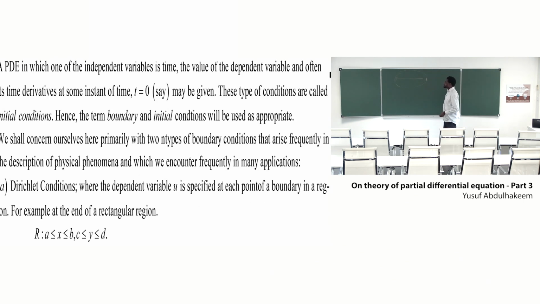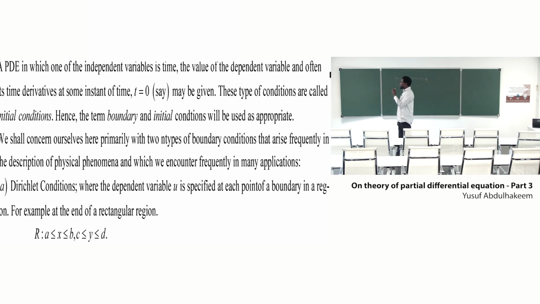Then, for a PDE in which one of the independent variables is time, the value of the dependent variable, and often its time derivative, at some instance of time, say t equal to 0, may be given. That is, if one of the variables of the PDE we are considering is time, that means the PDE depends on time. Then often the value is given at t equals 0.